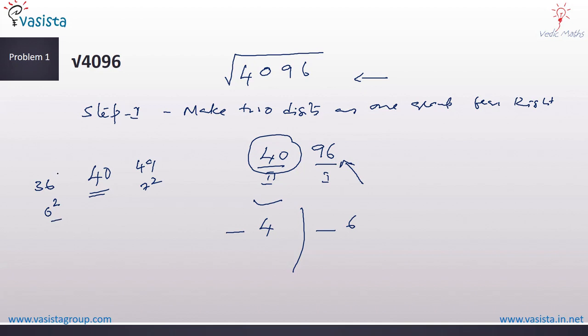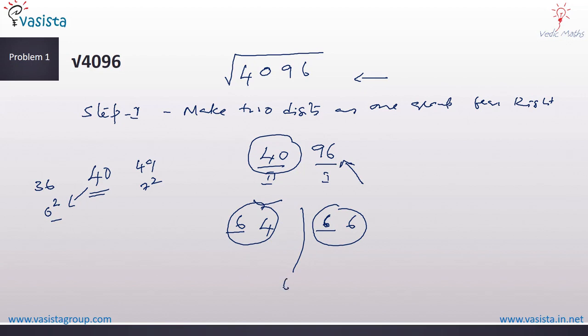So you take the lesser number, that is 6. We have concluded that the square root of 4096 is either 64 or 66. Now which one is the exact square root?